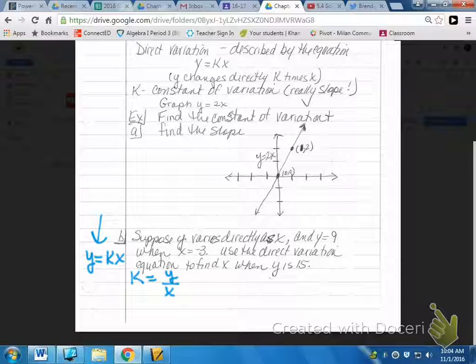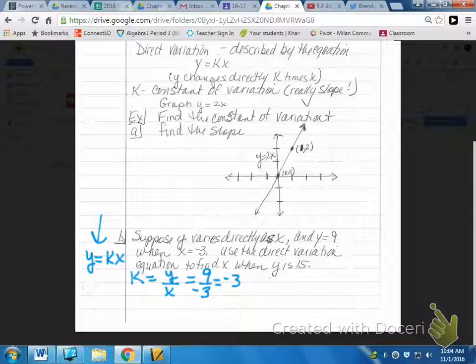So it's telling me, suppose y varies directly as x. y is 9, that goes on top, when x is negative 3, that goes on the bottom. Well, what is 9 over negative 3? Negative 3. So my constant of variation is negative 3.